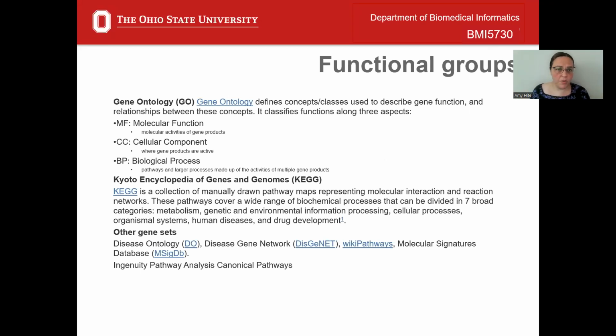So what could these categories be? The most popular one is gene ontology. It defines concepts and classes used to describe gene function, and it tells you the relationships between those concepts. There are three different types: molecular function, cellular component, and biological process. And the thing you have to remember about gene ontology terms is they have levels.